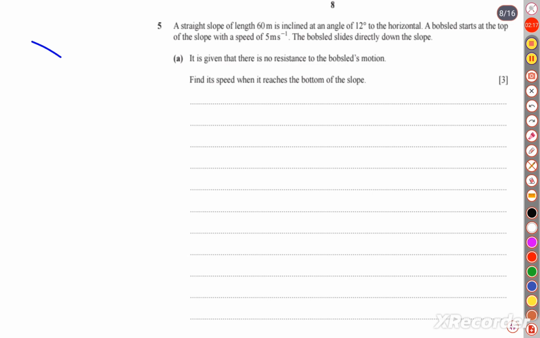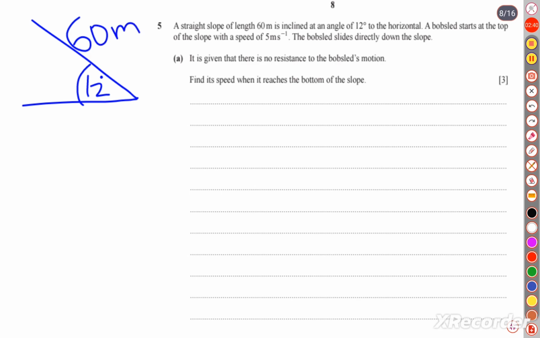Suppose this is the plane which is inclined at an angle of 12 degrees, and the length of the plane is 60 meter. We require the height. Well, this is our height.